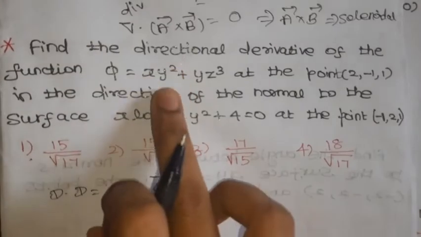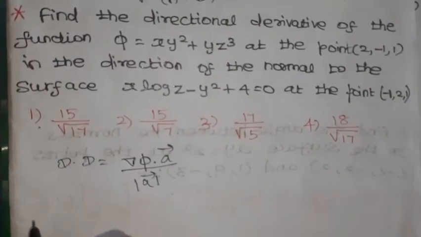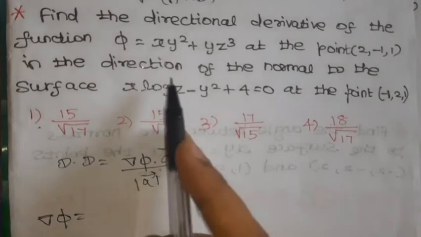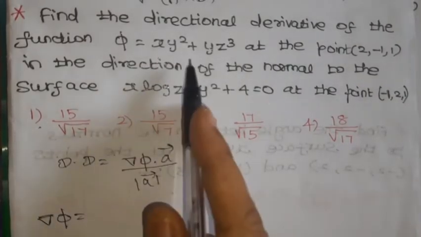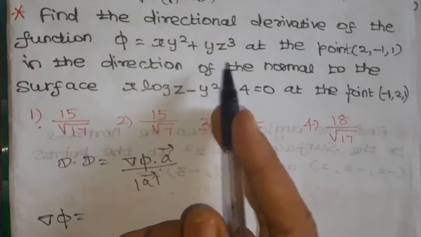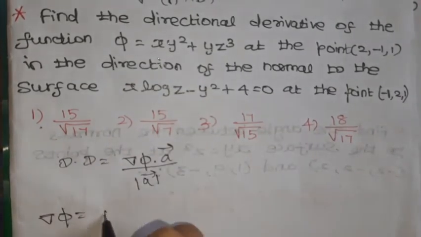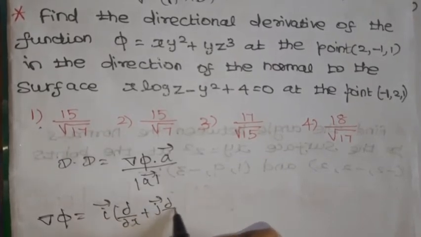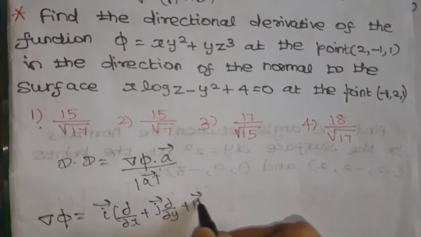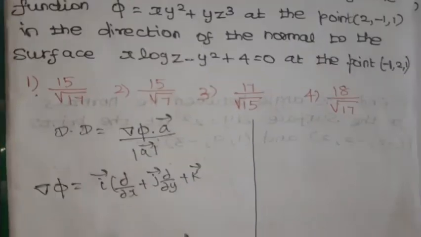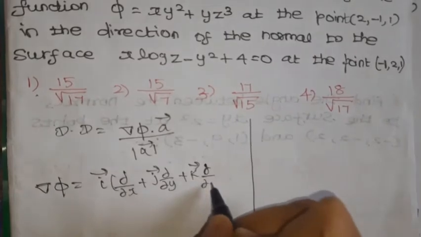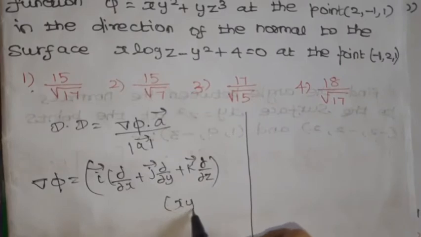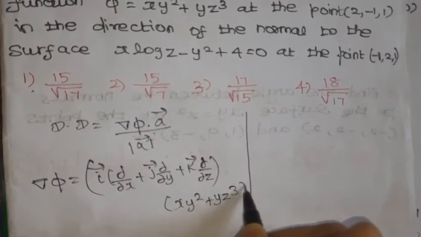What is given? Given is phi. From this we are going to find del phi. What is del phi? I into dou by dou x plus j into dou by dou y plus k into dou by dou z, into phi equal to xy squared plus yz cube.